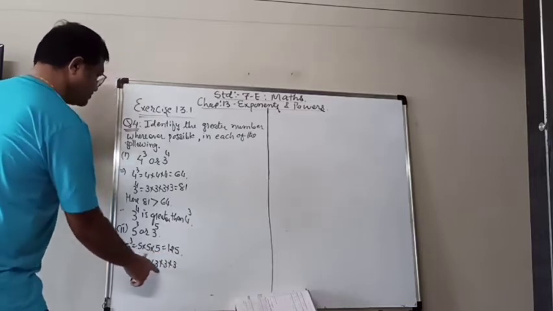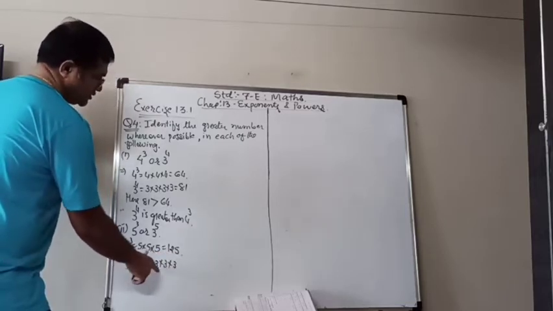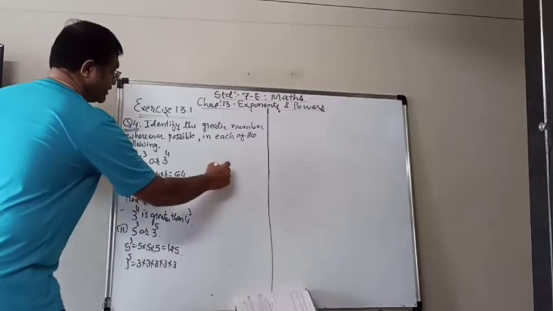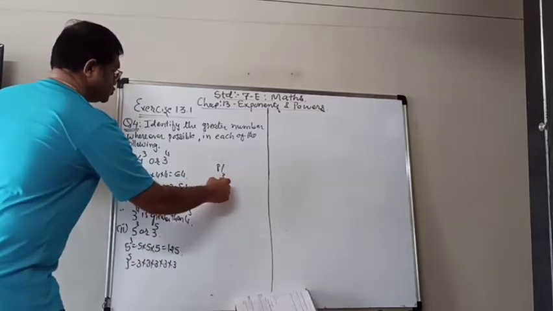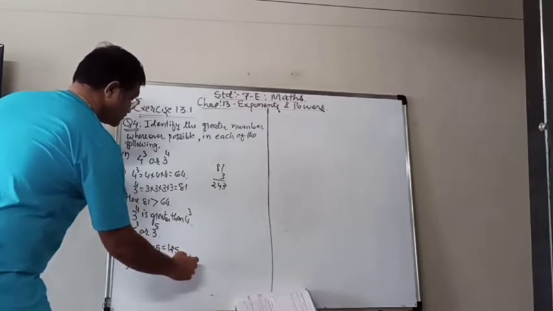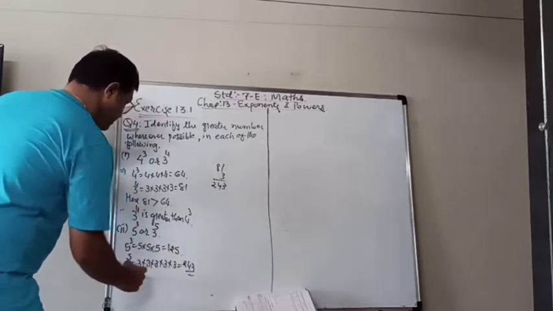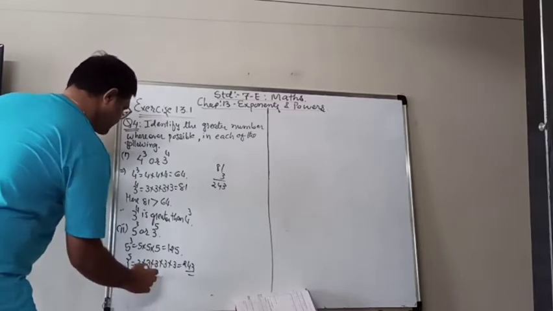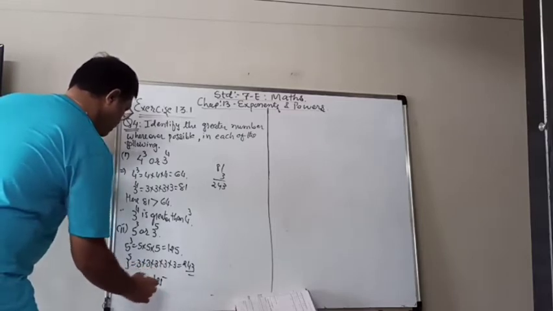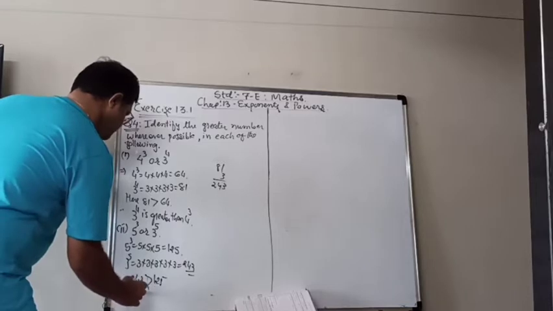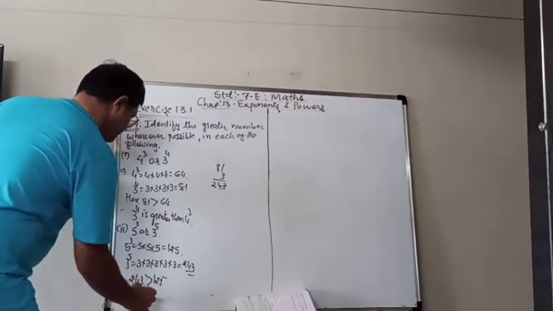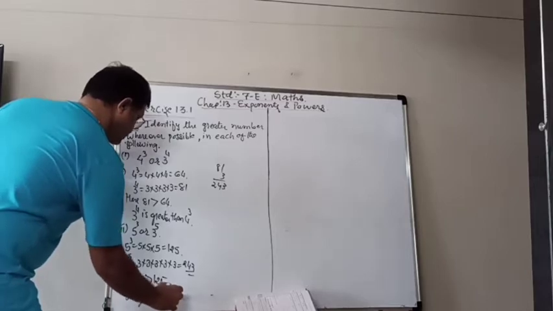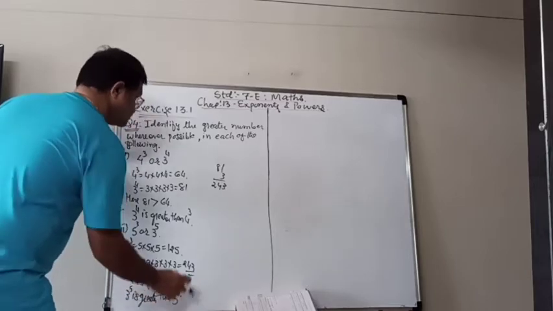So 3 3s are 9, 3 9s are 27, 3 27s are 81, and 3 81s are 243. So obviously here 243 is greater. So 3 raised to 5 is greater than 5 cubed.